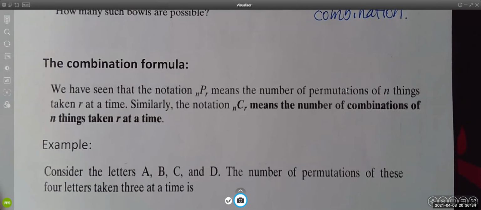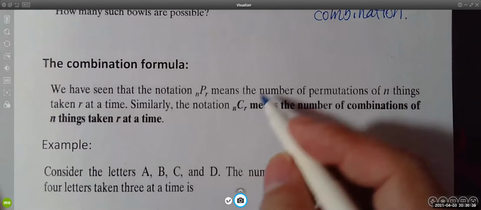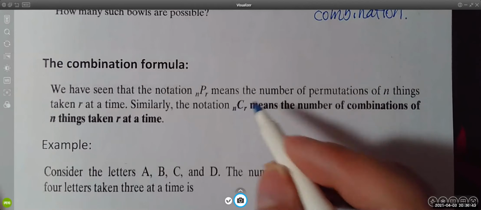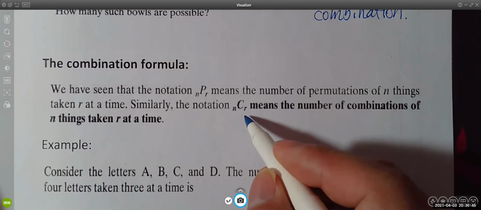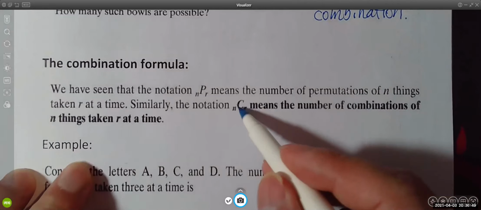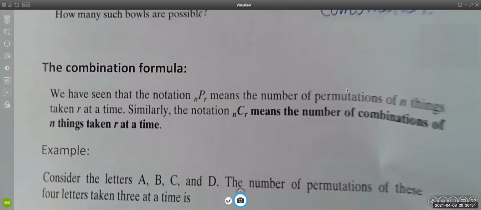Similarly, the notation nCr selects r items out of n items, where the order in which these r items are selected makes no difference. So that's just a different symbol. We use combination when order makes no difference.